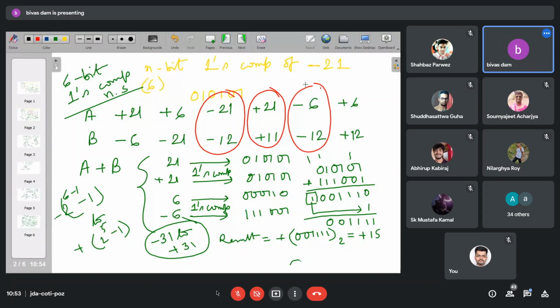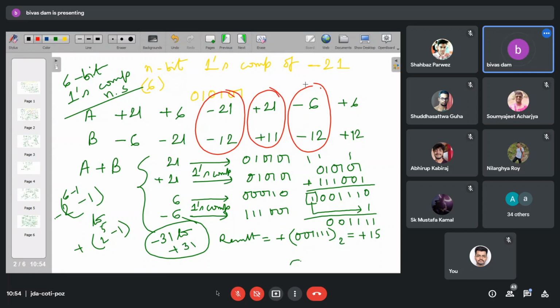Now, in case you are going for addition of operands where both the operands are of same sign, then there is a chance of overflow. But I am not saying there will be overflow. What I am claiming is there will be a chance of overflow, because the result magnitude will be more than the magnitude of the operand with the larger magnitude.